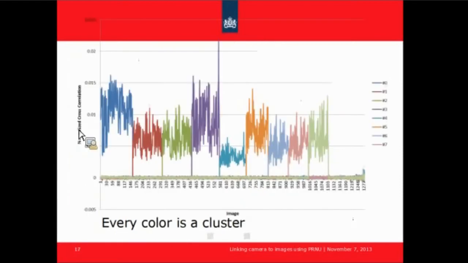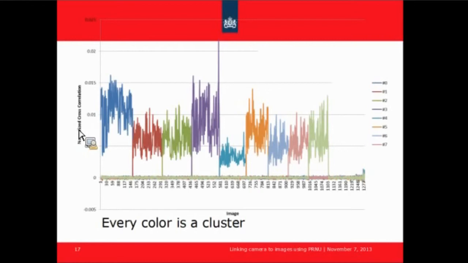So another way to visualize this is as follows. Every color is a cluster. Every color is a different camera. So what we do is we take every picture that is above a certain threshold, and then we compare it to all the images in the same cluster except that certain image, and then we check what the correlation value is.